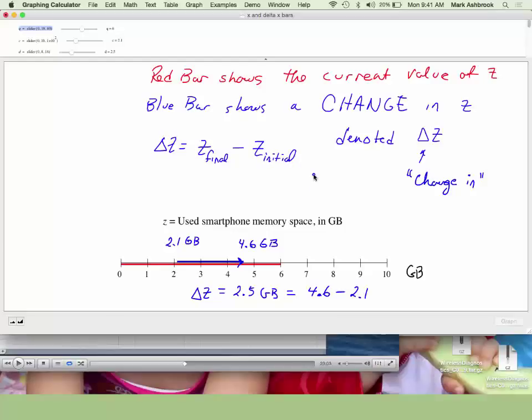That's how you calculate the change in the value of a quantity, or the change in a variable. You did subtraction in your head when you looked at that 2.1 and 4.6 and said, oh, it increased by 2.5, and that's the meaning of subtraction here, 4.6 minus 2.1.